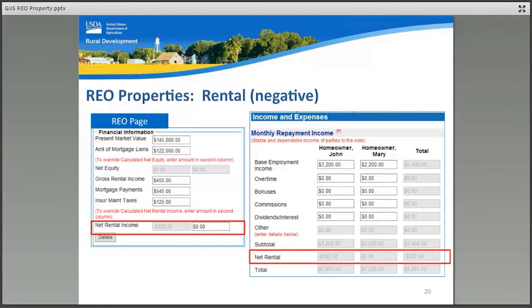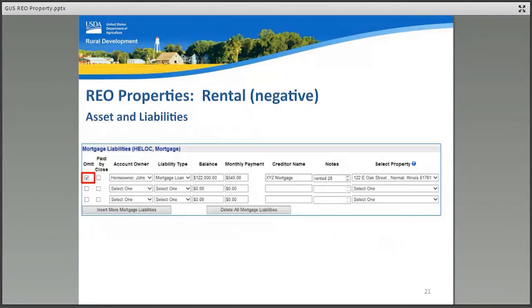However, GUS does not deduct the loss from the repayment income. GUS will include this loss of $332.50 per month in the total debt ratios. On the Assets and Liabilities application page, if the REO property has been rented for a minimum of 24 months, the corresponding mortgage liability may be omitted.